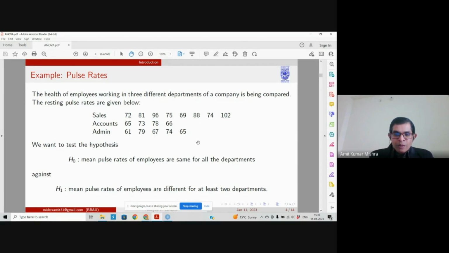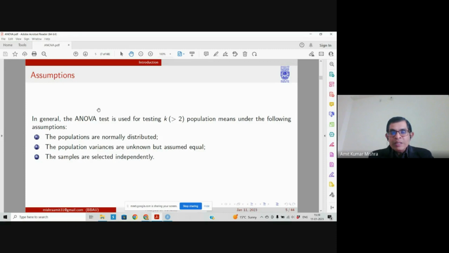Now, what are the assumptions before testing these things? The ANOVA test can be used for testing k populations. Here in this example we have only three populations, but we can test it for more than two populations, that means three, four, five, and so on, under the following assumptions. The populations are normally distributed.